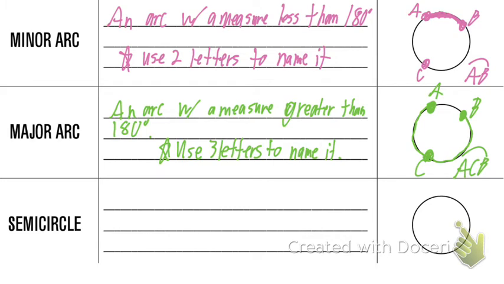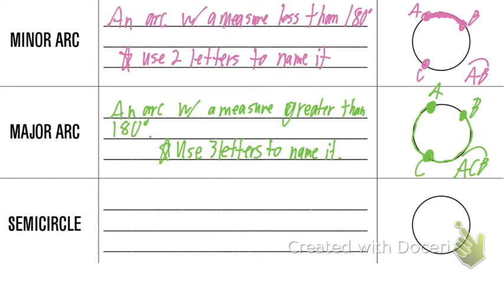We use three letters to indicate it's a major arc, more than 180, and we're specifying that it goes from A to C to B. Whereas here, A to B, we know it's the minor arc because it's two points instead of three. And that's why I put the C there on the one previously, so that we can see the contrast.